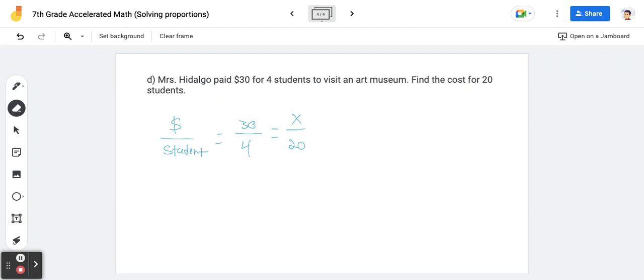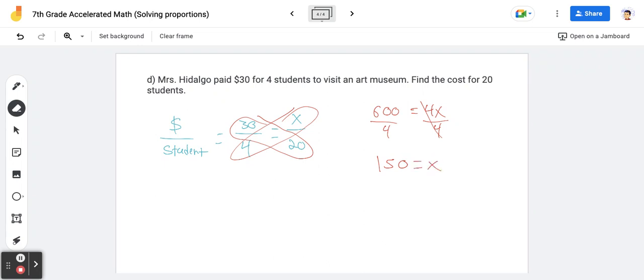All right, cross product. 30 times 20 is 600. 4 times x is 4x, and let's solve for x. Divide both sides by 4. 600 divided by 4 is 150, and that is equal to x.